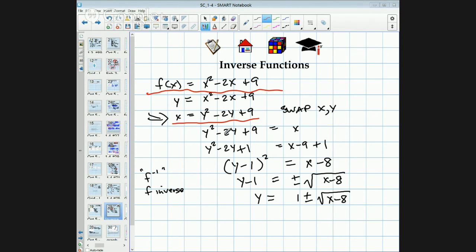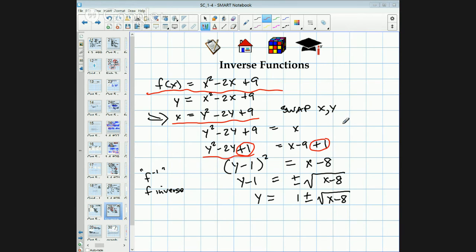All right, so I put this x over here on the right. I got rid of the 9, subtracted that from both sides, and then, can you see what I did here? I completed the square. So I took half of 2, which is 1, and 1 squared is 1.